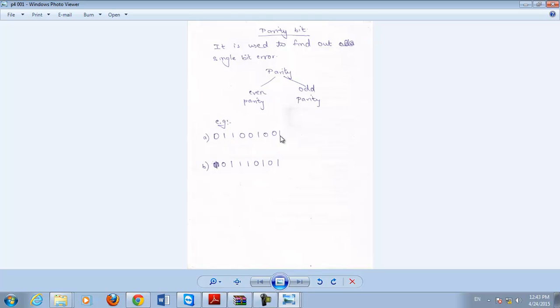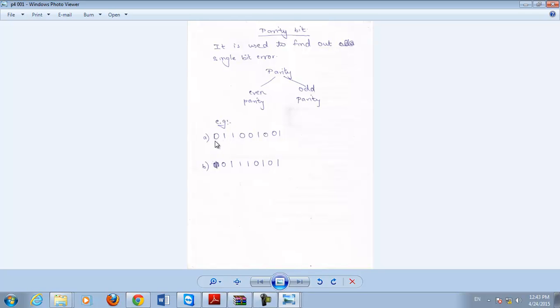The parity can be even parity or odd parity. See in this example, you have to count the number of ones, that is 1, 2, 3, 4. Whenever you send data, the number of ones can be even or odd. There are total 9 bits, but you have to subtract 1 bit, because the total can be 8 bit or 16 bit, powers of 2. Now there are total 4 ones, so the parity here is even parity, and even parity is denoted by 0.